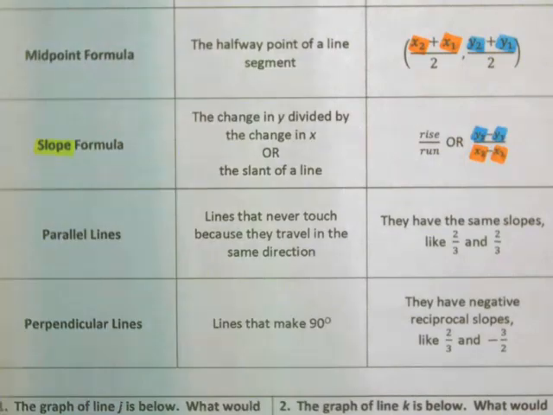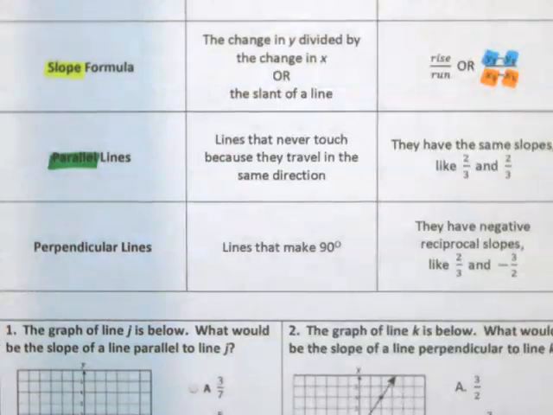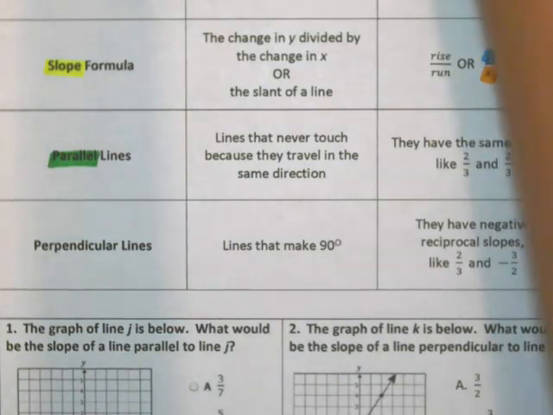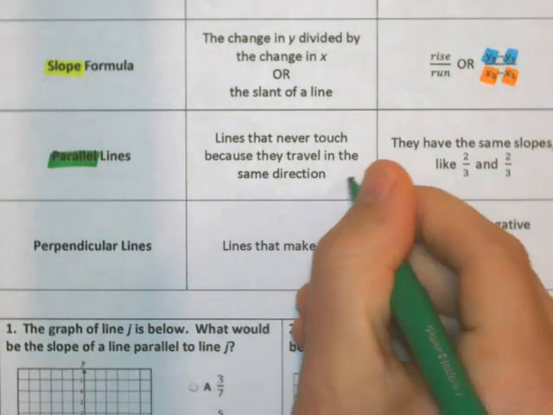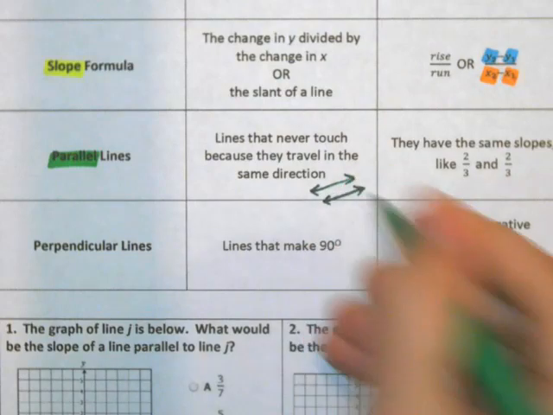Next, we've got two kinds of lines. The first is parallel lines. Parallel lines never touch because they travel in the same direction. Here's an example of what parallel lines might look like. These lines never touch.